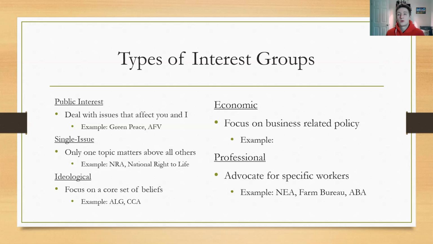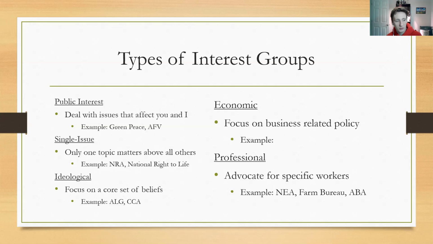Kraft Foods has its own interest group that lobbies politicians specifically for changes related to shipping of cheese or manufacturing of cheese. So these all deal with a specific business-related component, and they're generally focusing not on workers, but the business as a whole. So making the business's job easier by reducing taxes, things like that.